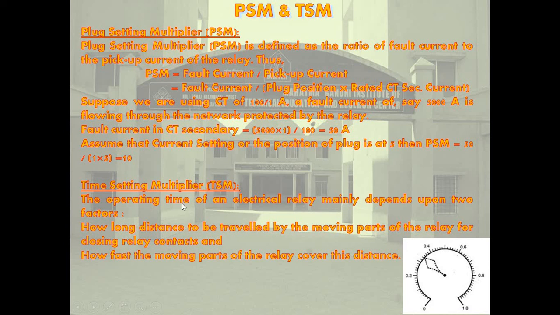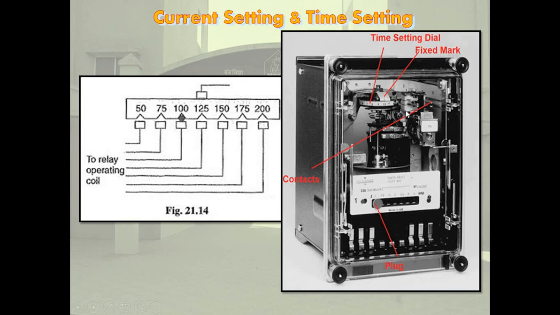In time setting multiplier, the operating time of an electrical relay mainly depends upon two factors. First is how long a distance is to be travelled by the moving part of the relay for closing relay contacts, and how fast the moving part of the relay covers this distance. We can vary the time setting by this type of knob, 0 to 0.2, 0.4 up to 1. Here, this is the time setting dial.